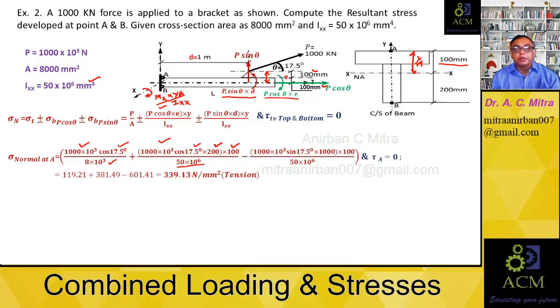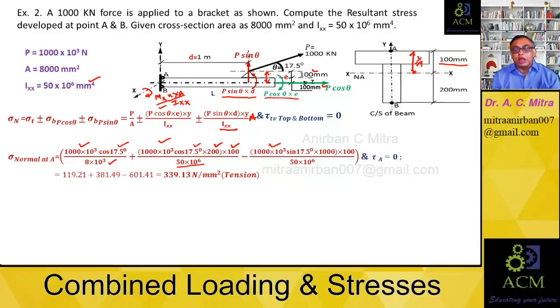Similarly, the bending stress for P sin theta into D is again applied along the x-axis only. So the formula will be P sin theta into D into y. Y for what? We are finding out now for the point A. So again it will be YA divided by Ixx as it is along the x-axis also.